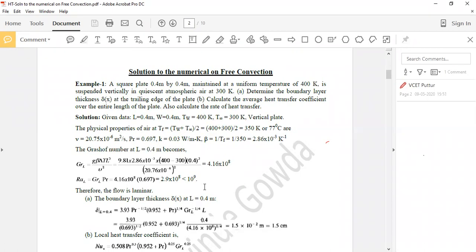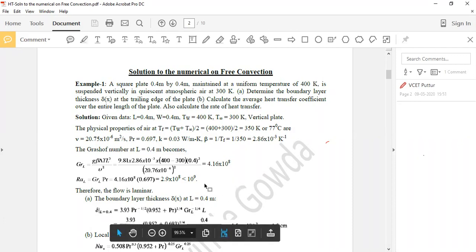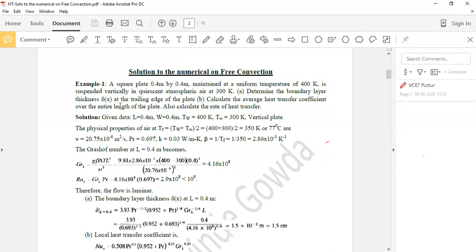Hence, turbulent flow situations correlations you have to use, particularly for the vertical surfaces. And of course, for the horizontal surfaces, a separate set of correlations are there that you have got to use. So this is the common procedure. One has to look into it and one has to follow.